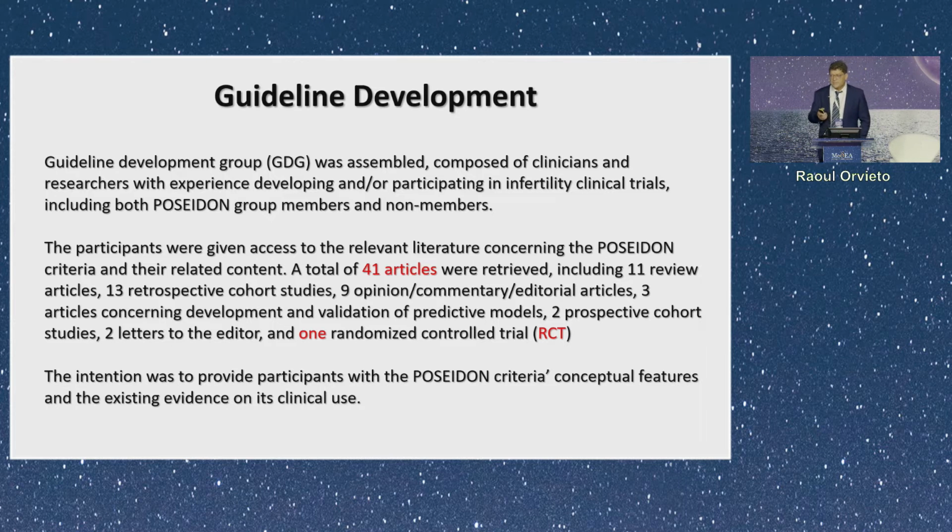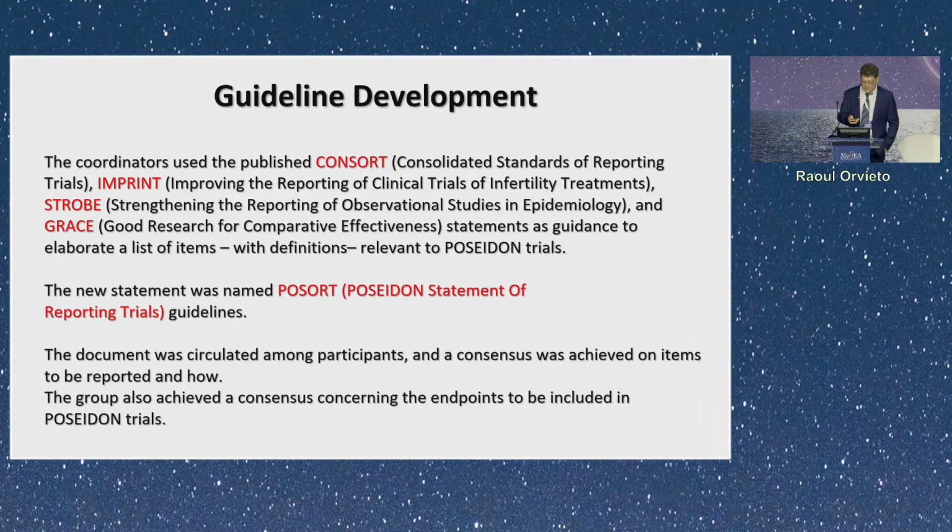All the participants of the GDG were given access to the relevant literature concerning the POSEIDON criteria. There were, at that time, 41 articles related to the POSEIDON criteria, but you can see that out of these 41 articles, only one was an RCT, and the intention was to provide participants of the GDG with the POSEIDON criteria conceptual features and the existing evidence on its clinical use.